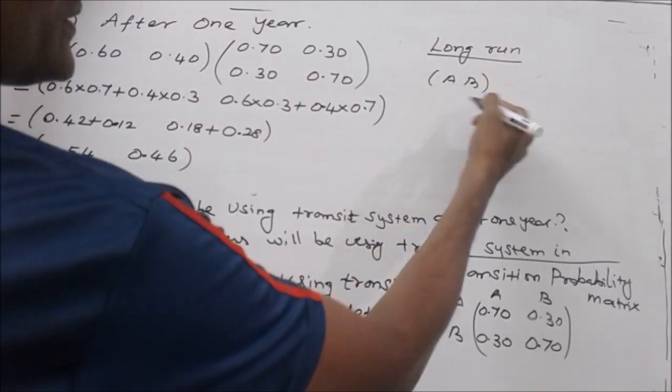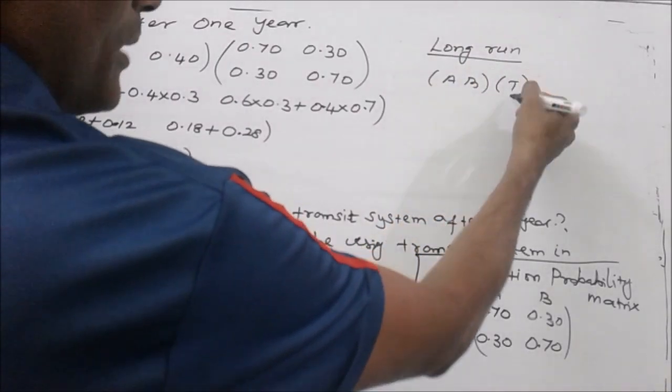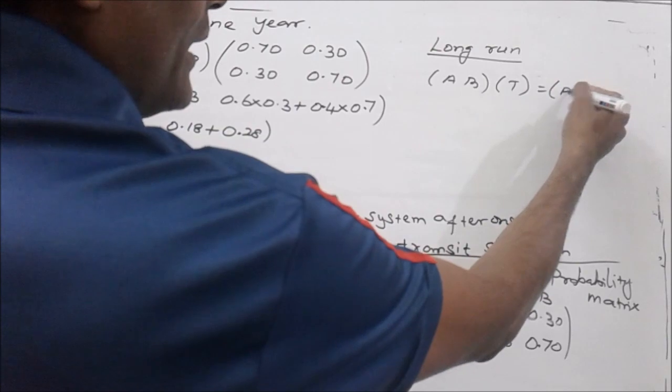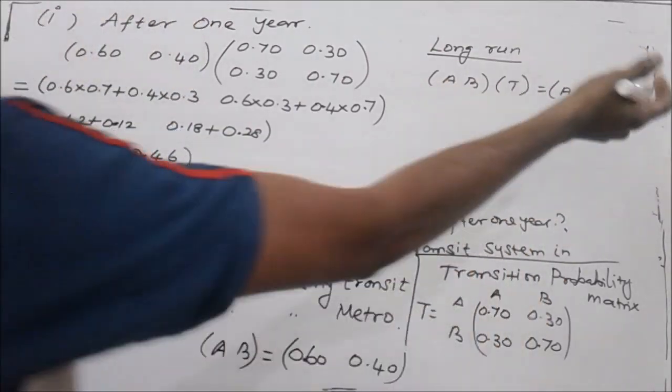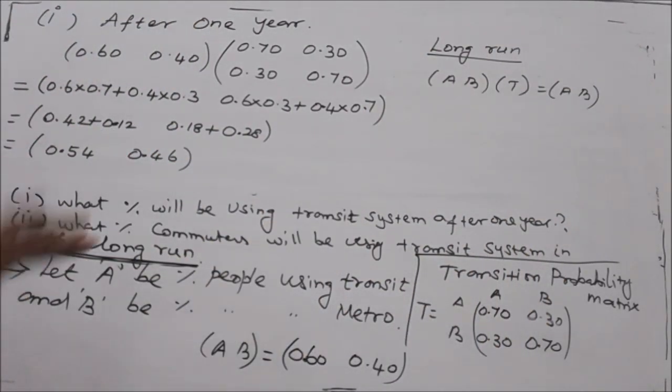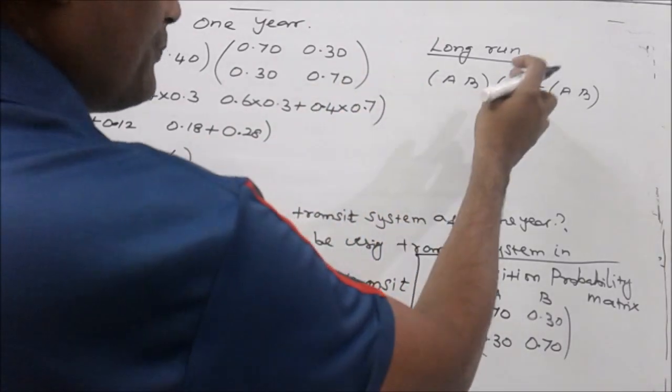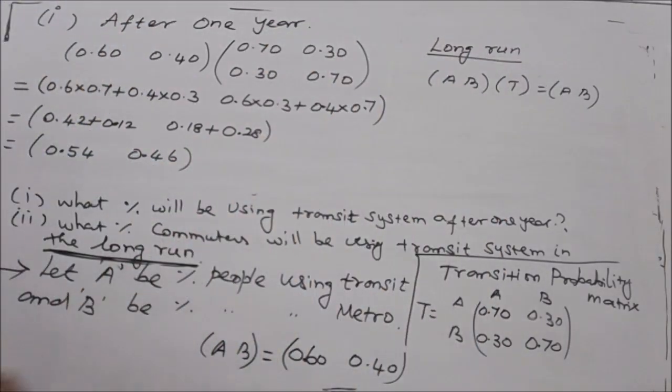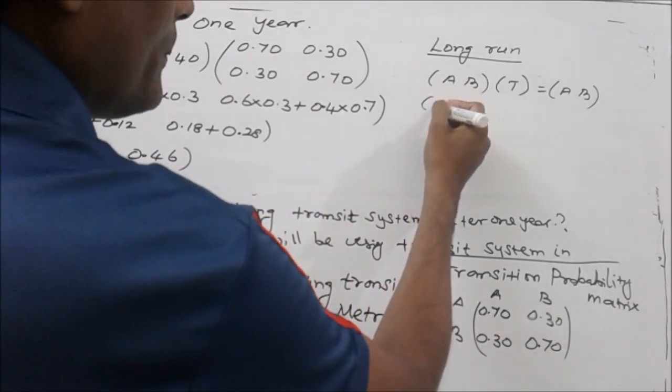The probability function multiplied with the transition probability will yield the same probability function. The same answer will be the answer after getting the transition. Now this implies AB into T equal to AB. Now AB is unknown.